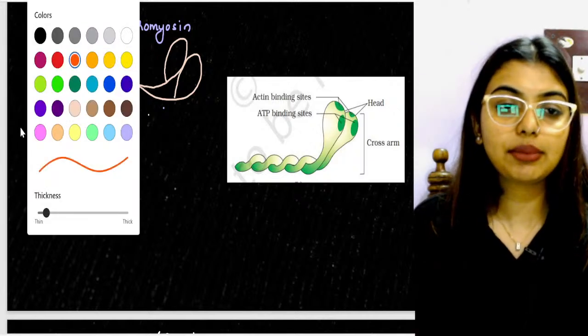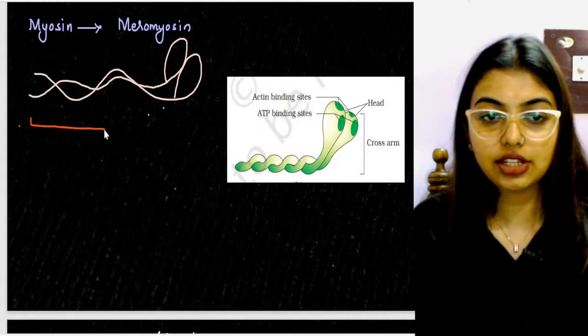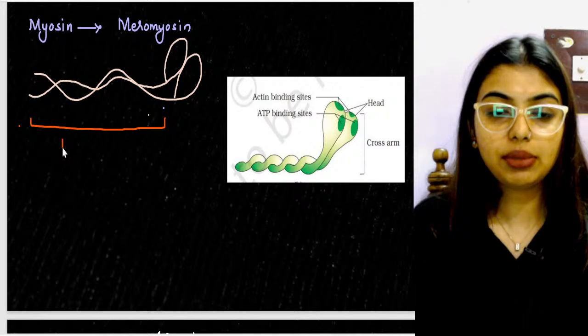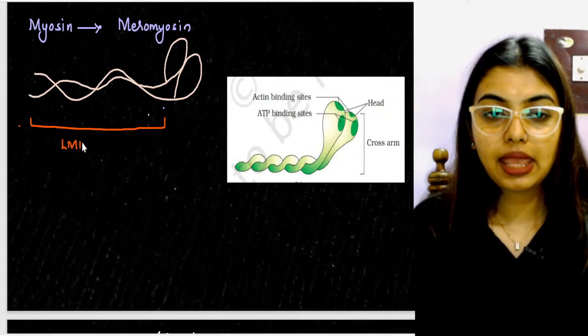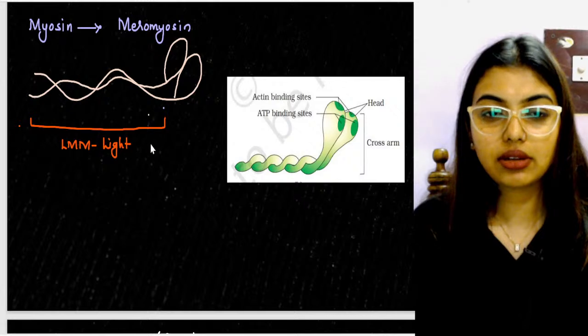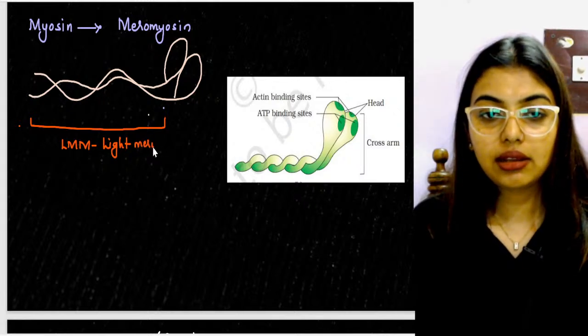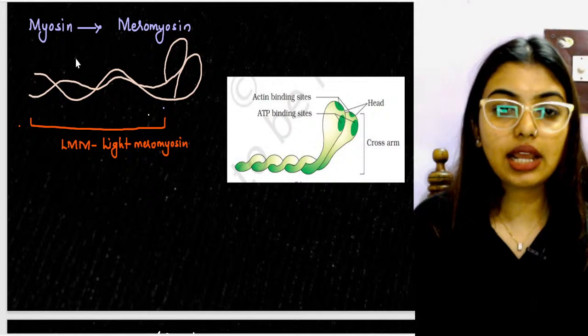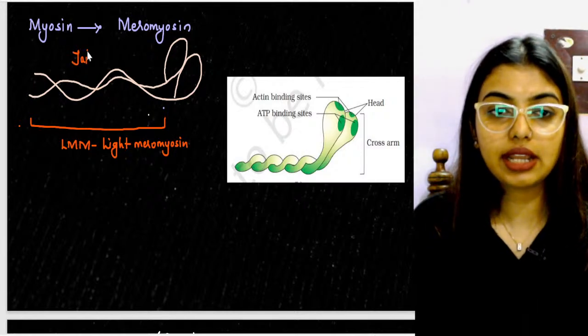Now they have told some important points, like your tail region is going to be LMM, light meromyosin. Light meromyosin is going to be the tail region.